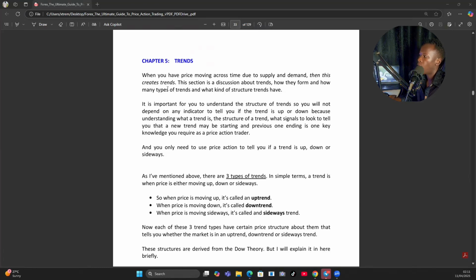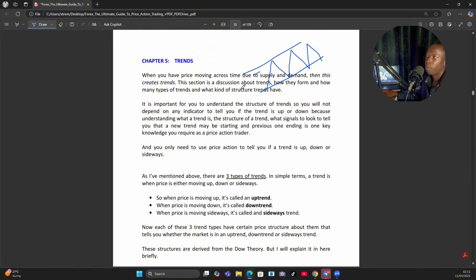Let me draw for you. When the market is moving in this format, this is of course an uptrend.